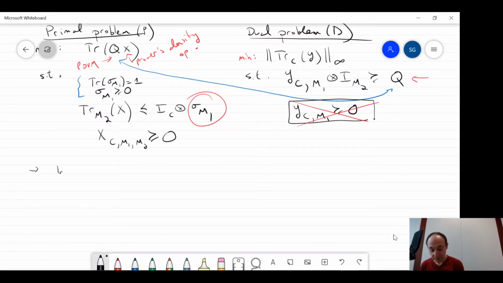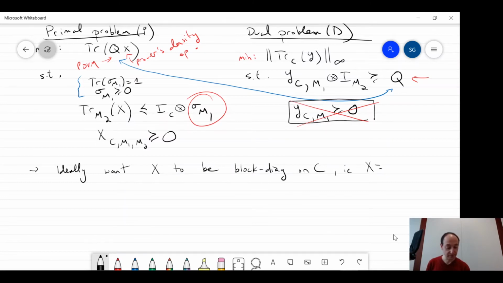So ideally, we want x to be block diagonal on C. Okay, so i.e. it should look something like, there should be some register, some state x1, some state x2 here, or some operator, and you should have zeros. Okay, and this is where you set the C register to the 0 and 1 block, right? So we want it to look like this, right?